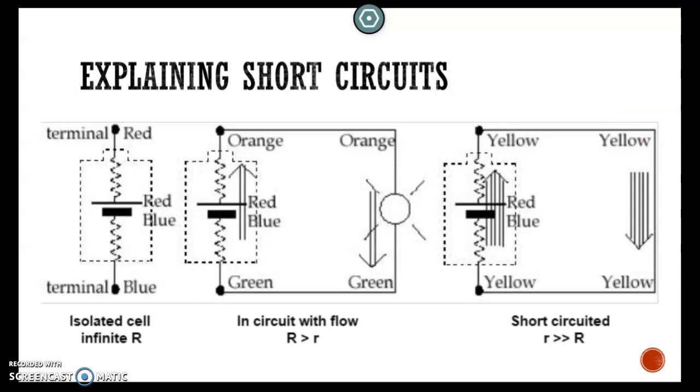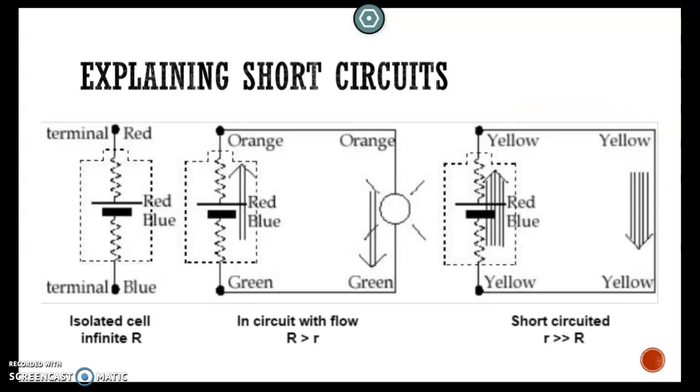So in this figure on the right here, the external flow path consists of only a wire. And remember from Unit 3, we learned that the resistance of a wire is almost zero. It's very, very small. And so when that shorting wire is present, the resistance of the external flow path here reduces until it's almost zero, so that in this case, the internal resistance of the battery, little r, is much greater than the resistance of the external flow path right here, big R. So that internal resistance of the battery is much greater.